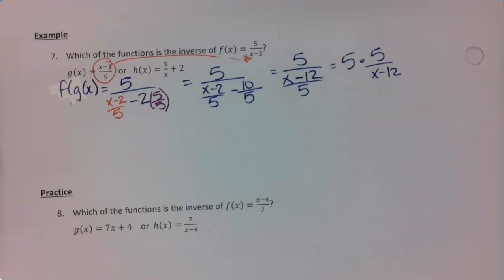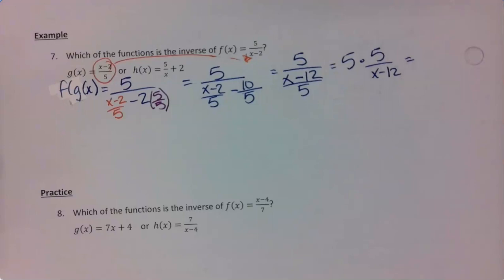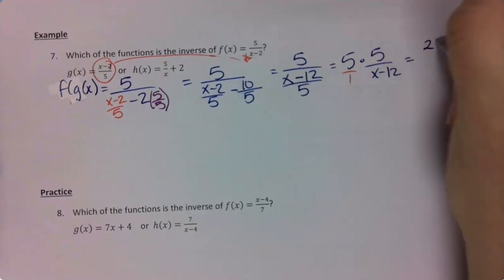So then what do I get? No, I only multiply the top numbers. Because remember, this is over a secret one. 25 over x minus 12.